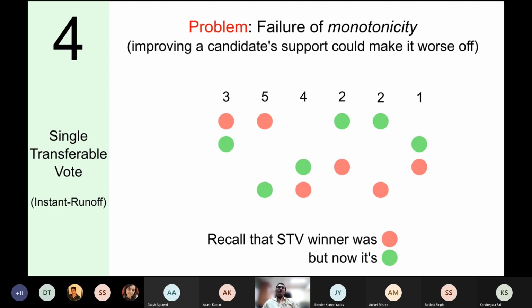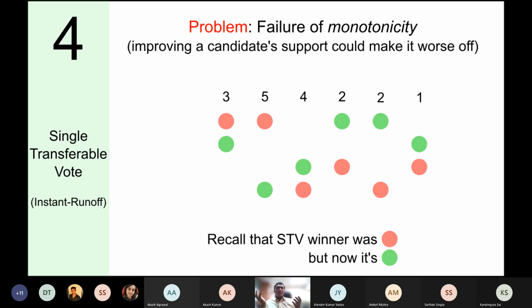So what's happening is the failure of a property called monotonicity. For certain voting rules, such as STV, it could happen that a candidate is winning right now, and some voters improve that candidate's position in their vote, and all of a sudden that candidate ends up losing the election.